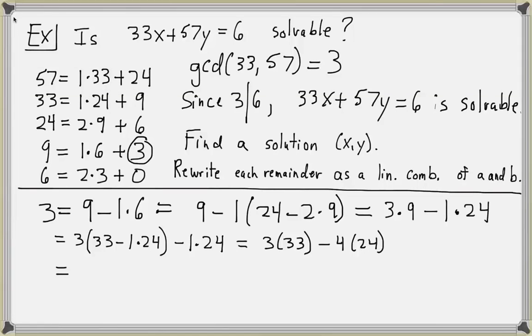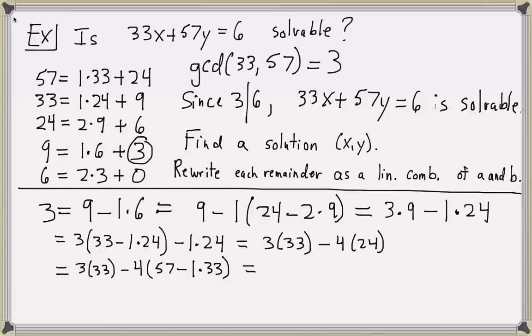So this equals 3 times 33 minus 4, and I'm going to replace 24 with 57 minus 1 times 33. So I've actually written 3 as a linear combination of 33 and 57, but let's rewrite this.